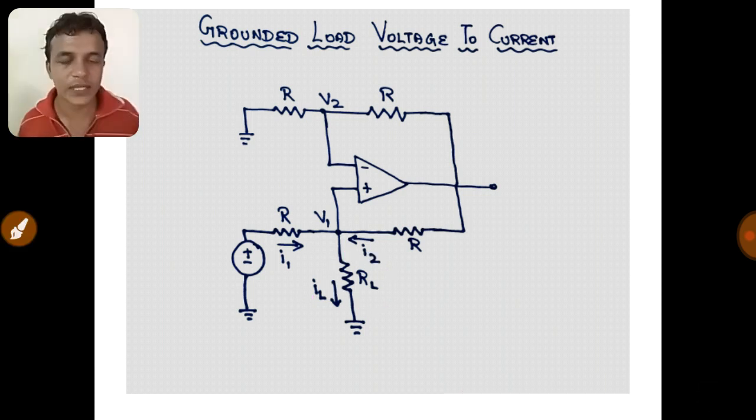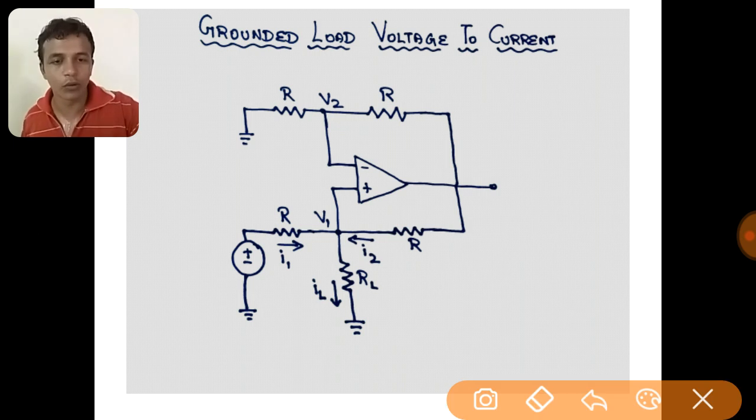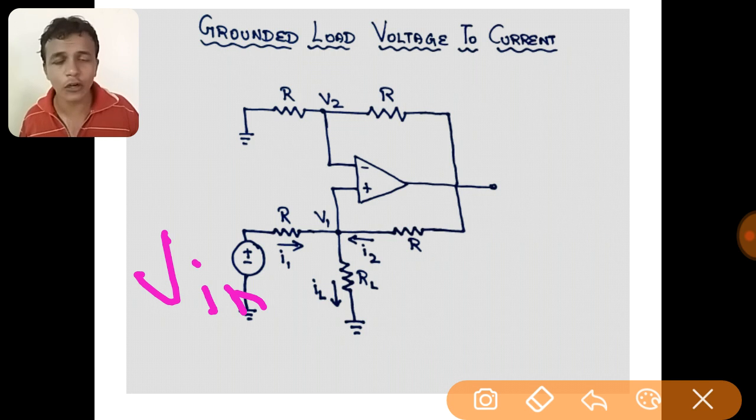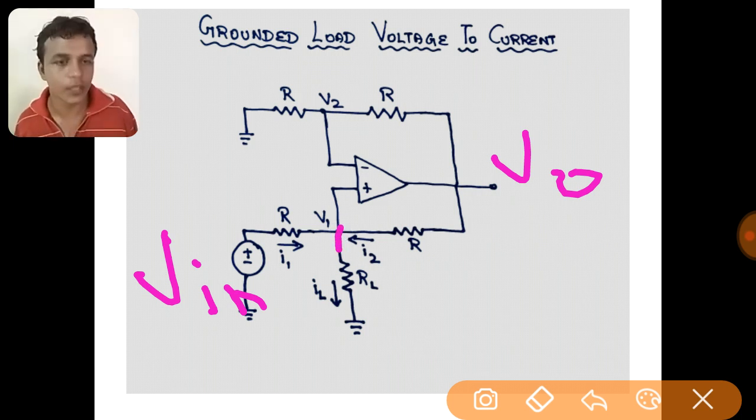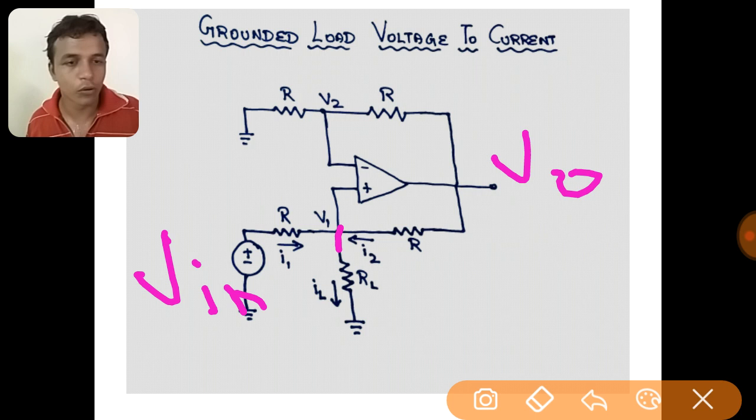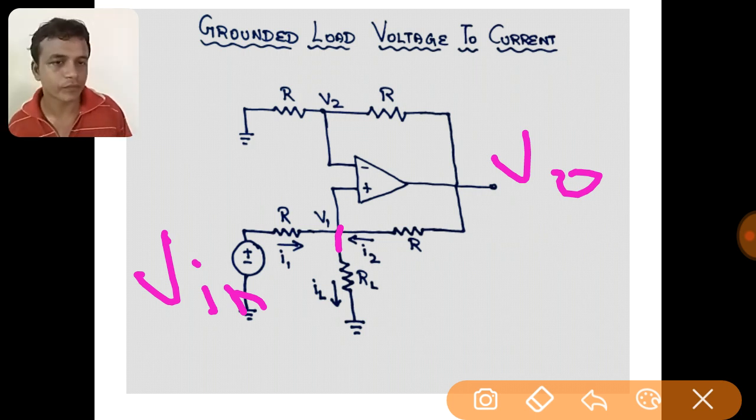So this is also basically a non-inverting amplifier circuit with a slight modification compared to the floating load voltage to current converter. Here we have the input voltage Vin, for which the corresponding current has to be produced, and at this point we have the output voltage V naught. This node is important, and the voltage at that node is V1.